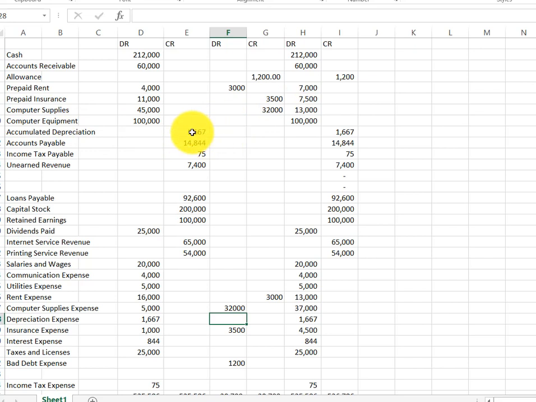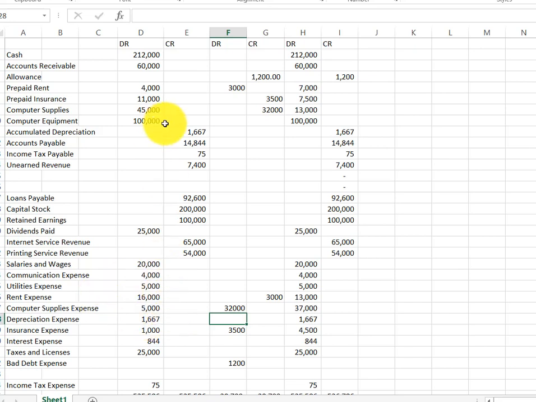All right, so have we been doing depreciation on a monthly basis, or do we have to catch up for the year? It looks like we have some depreciation that matches our depreciation expense. So we would look up and see how long we've owned this computer equipment to see if that depreciation calculation is correct. And let's just say, for argument's sake, that it is, and it does not need any more adjustment.